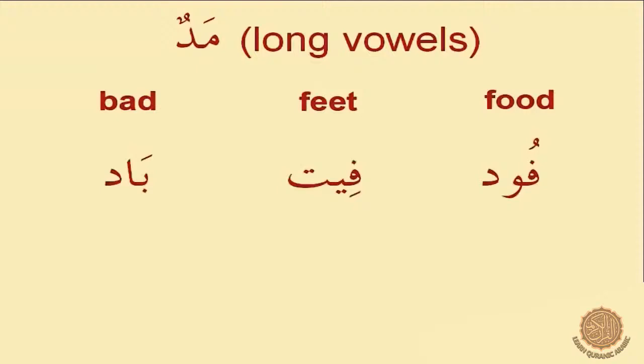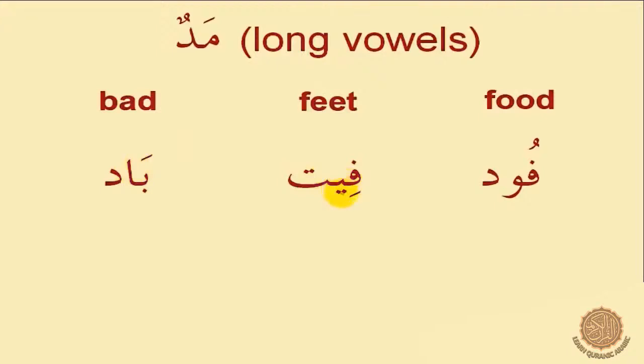So we have bad, feet, and food. In the first example, bad, it's the A sound that's being elongated. That's denoted by this fatha here, which has the A sound, followed by the alif. And that's where we get the elongation there, the long vowel. Similarly, here we have a kasra, and then following it is the ya.